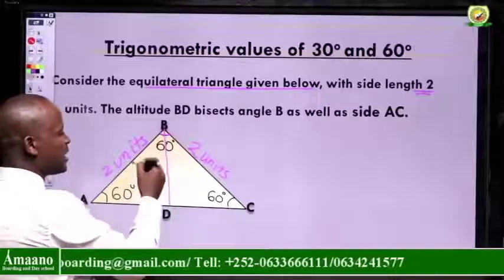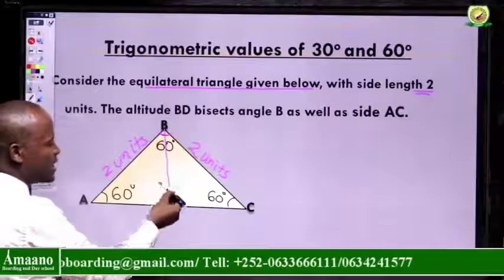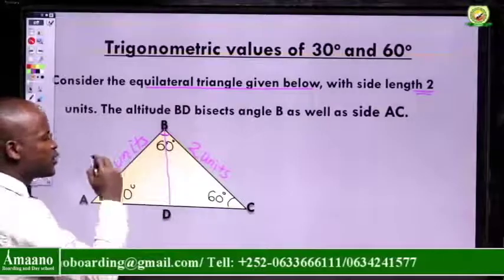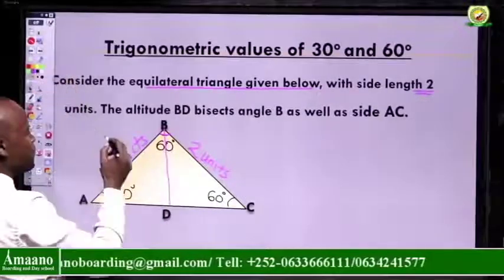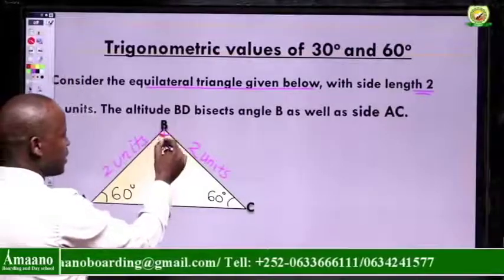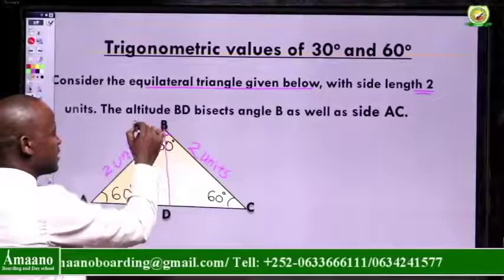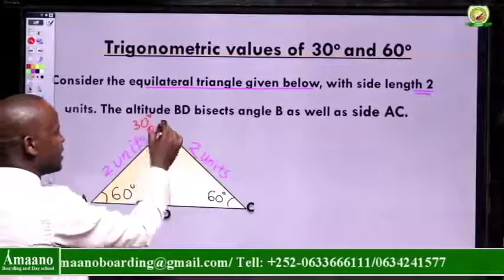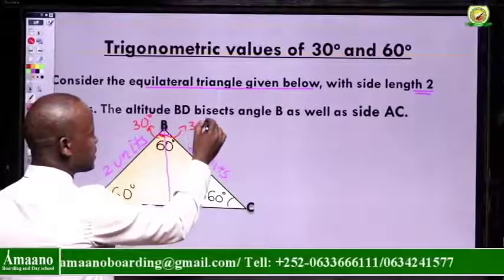Angle B is 60 degrees, but BD divides this 60 degree angle into 2 equal angles. That means the degree measure of this half part is 30 degrees, so you can write 30 here, and the other part, again half, is 30 degrees.